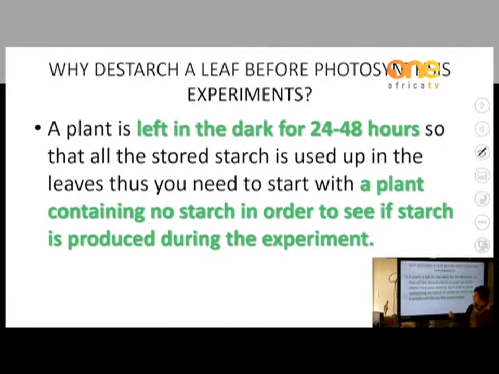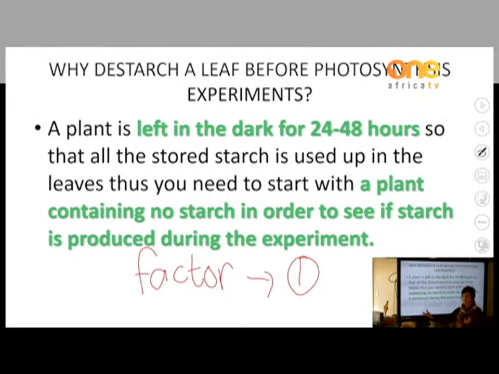I want to prove that the starch that was formed during the experiment was due to the factor under investigation, or that starch was lacking due to the factor under investigation. And of course, before I start the experiment, I do the starch test to prove there is no starch in this plant. Now I have my control and my experiment, and I now have something to prove.